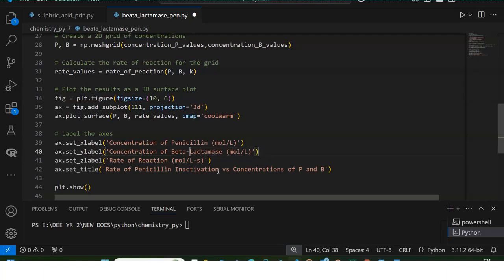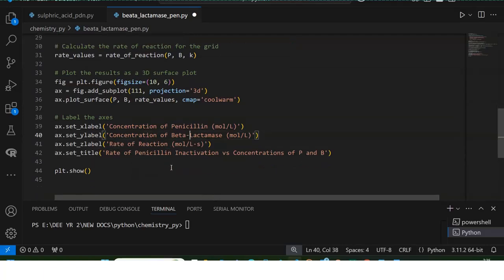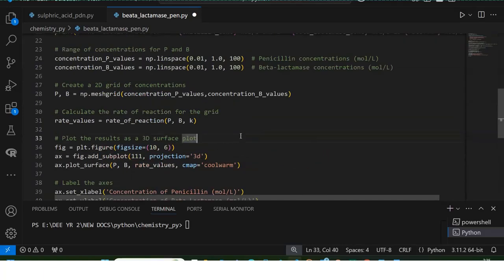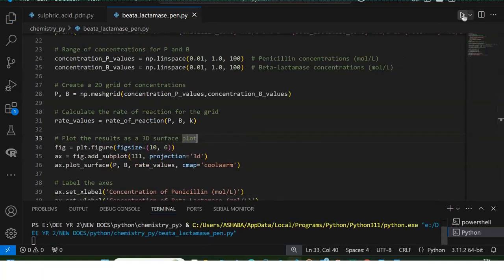The next one is the Z label, which is the rate of reaction. And then the title, we are going to set it to be rate of penicillin inactivation versus the concentrations of penicillin and beta-lactamase. So what happens when we save and then run this program?